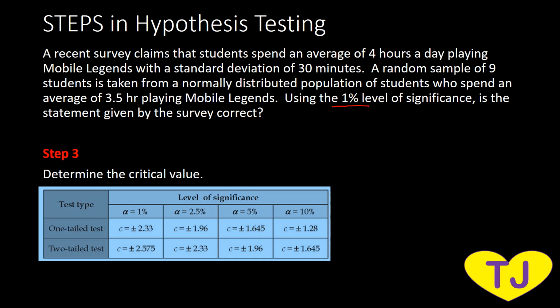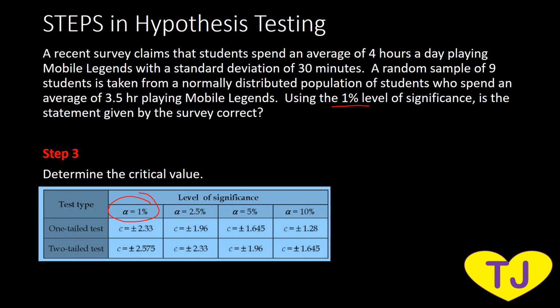Now next, we have here the level of significance, which is 1% based on the problem. The next thing for you to do is to know what type of test we are having. Now, when you say what type of test, that will be very much dependent on the alternative hypothesis that you have declared at the starting point, like in step one.